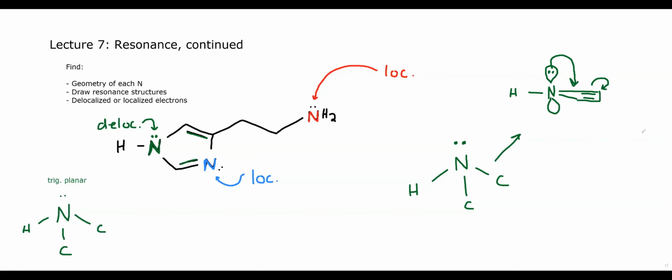So the geometry of this green nitrogen is actually trigonal planar, because when it adopts that geometry, it can participate in resonance.